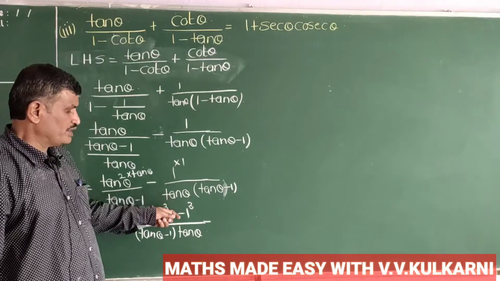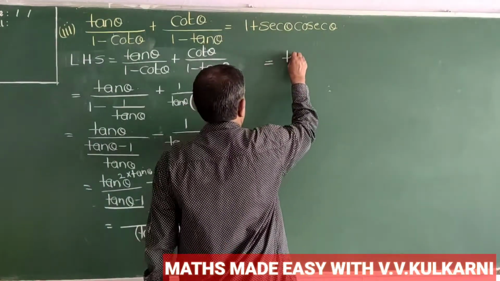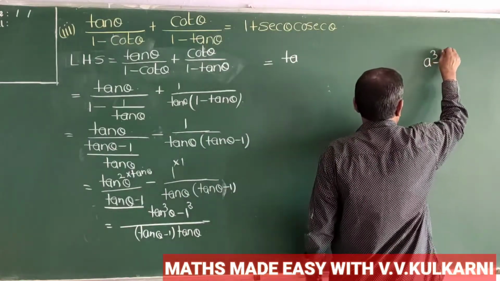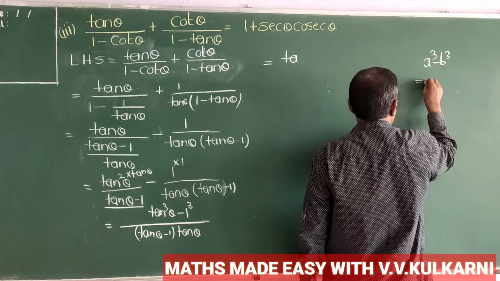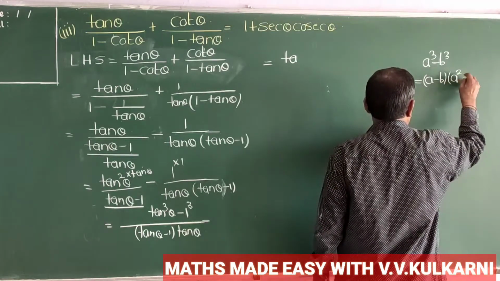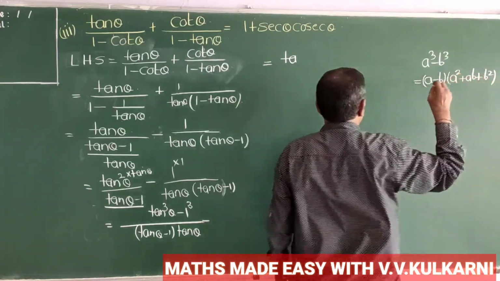Now this is a cube minus b cube, and a cube minus b cube, you know children, you already studied in class 9th standard, a cube minus b cube is a minus b into a squared plus ab plus b square. So that means what?